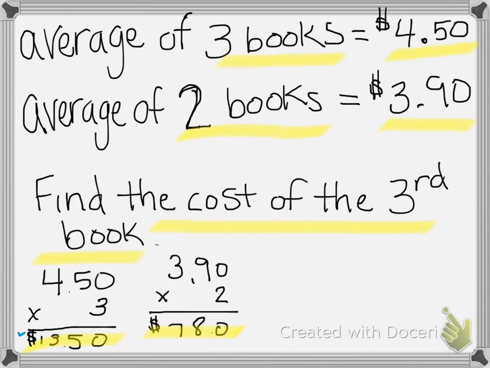So we have the total cost of 3 books and we have the total cost of 2 books. If we subtract those two amounts, we'll get the total cost of the third book.